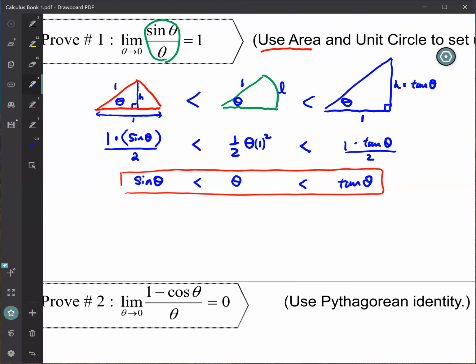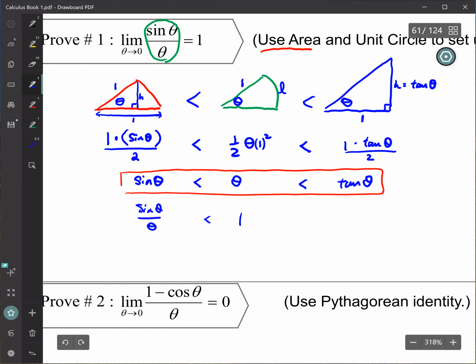Anyone? We can multiply or divide something. Any idea? Multiply everything by 1 over theta. Then that will give you sine theta over theta.